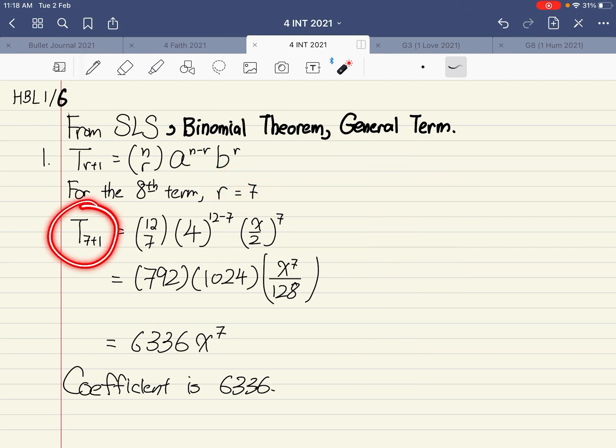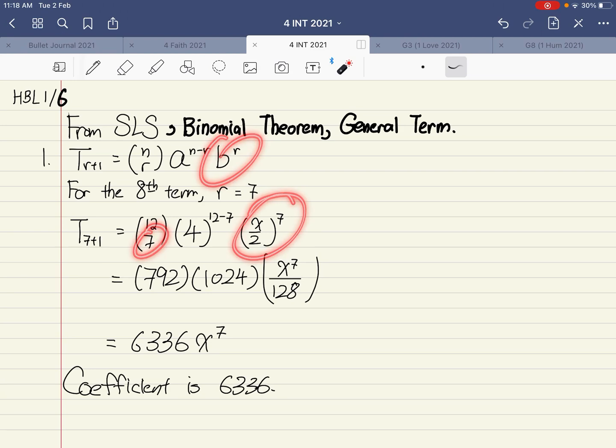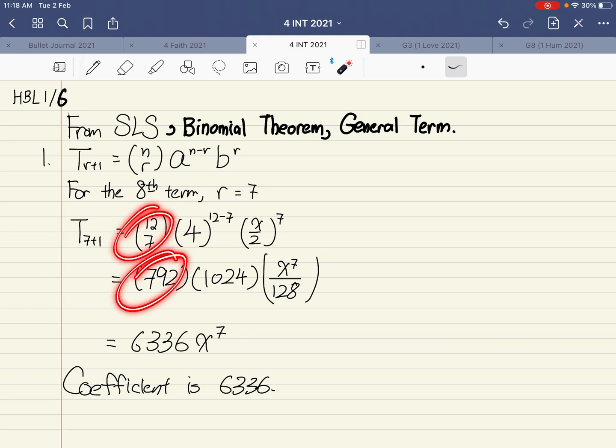So for my 8th term, T7 plus 1, T8, it is 12 choose 7, 4 to the power of 12 minus 7, which is from down here, and B to the power of 7, where the 7 comes from down here. If you compute all of this, 12 choose 7 gives you 792, 4 to the power of 5 gives you 1024.